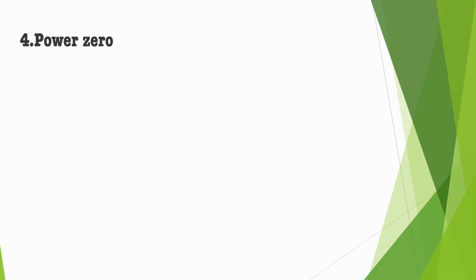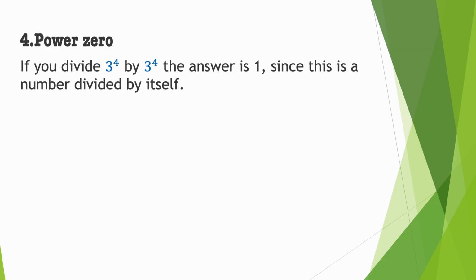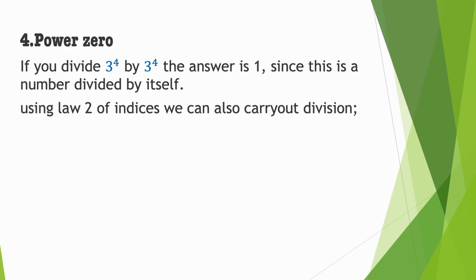Looking at the next law, which is the power 0. Power 0 tells us that if you divide 3 to power 4 by 3 to power 4, for example, the answer is 1. This is a number divided by itself. So we can use law number 2 of indices.